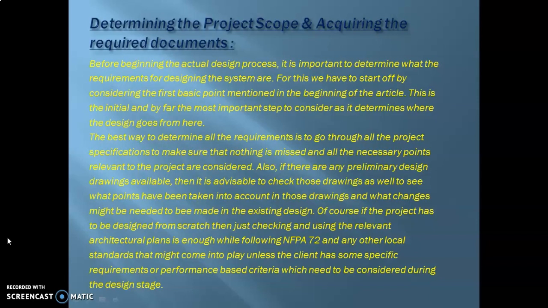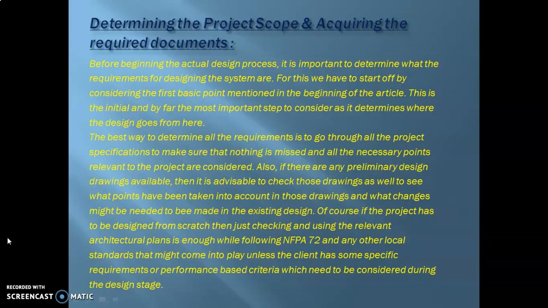Of course, if the project has to be designed from scratch, then just checking and using the relevant architectural plans is enough, while following NFPA 72 and any other local standards that might come into play, unless of course the client has some specific requirements or performance based criteria which might need to be considered during the design stage.